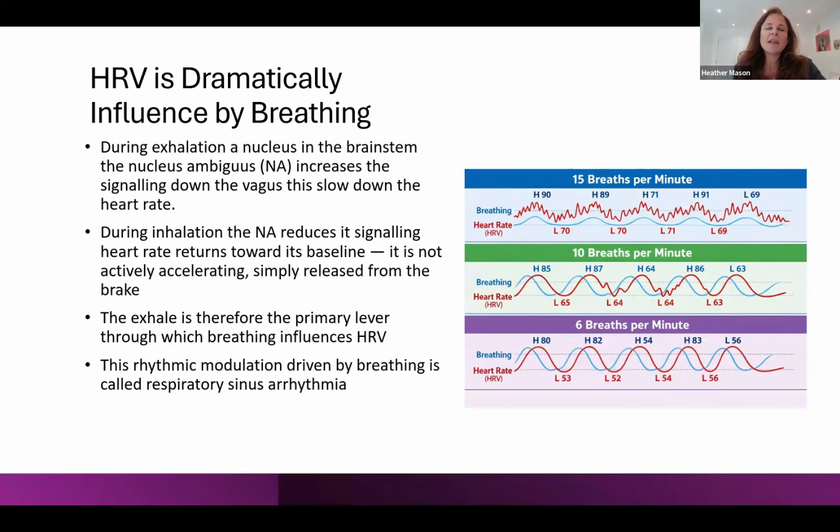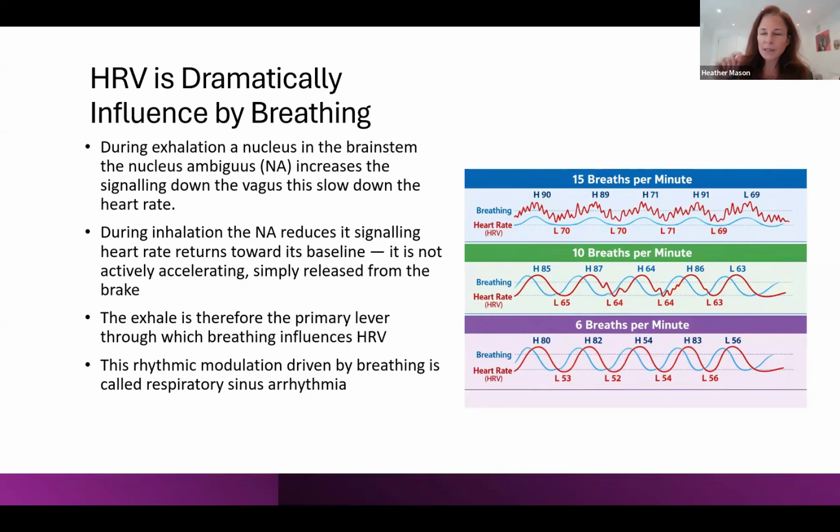Okay. Now, heart rate variability is dramatically influenced by breathing. And you don't have to be a yogi to understand this. The medical community knows this, even if they have never, ever tried yoga, a sun salutation, a warrior, and ujjayi breath. So let's come back to the nucleus ambiguus in the brainstem. It has the capacity, right, to increase the signaling down the vagus to slow down the heart rate at varying degrees.